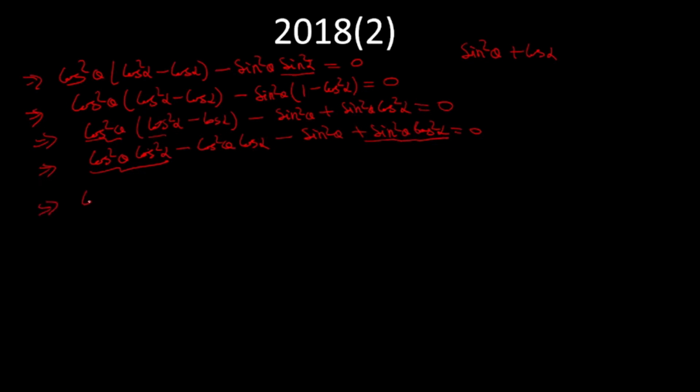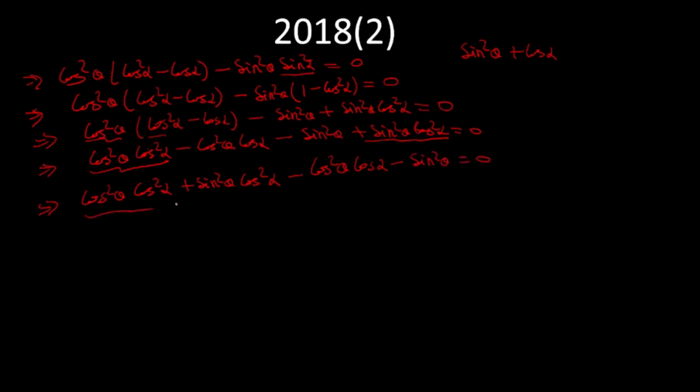So when we write cos square theta and cos square alpha plus sin square theta and cos square alpha, here we get cos square theta and cos alpha minus sin square theta equal to 0.